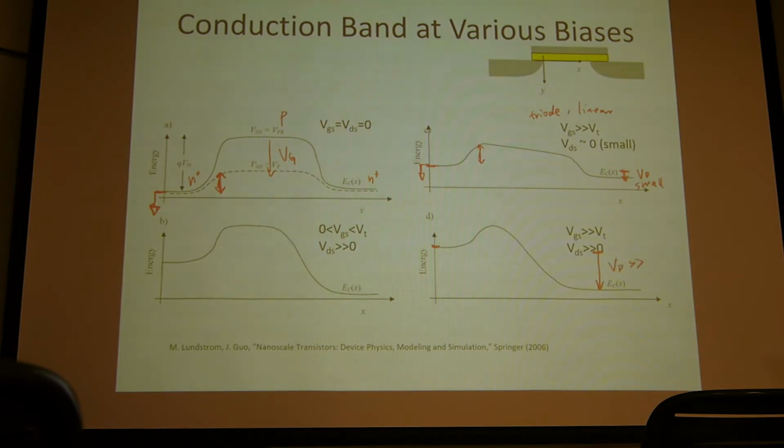This is much larger, and the drain voltage is very large. So then you will have a larger slope here. So the electron will further get accelerated because the slope means the field, right?